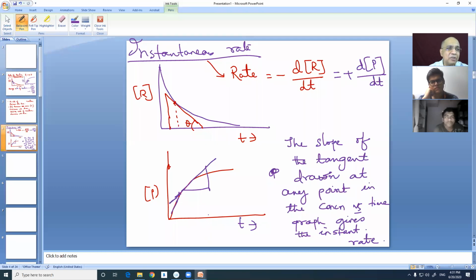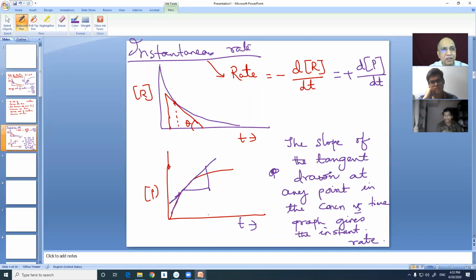They unanimously said the rate with respect to product increases and the rate with respect to reactant decreases. To avoid any such misconception: we are talking of an irreversible, unidirectional reaction, where the rate always decreases with time.